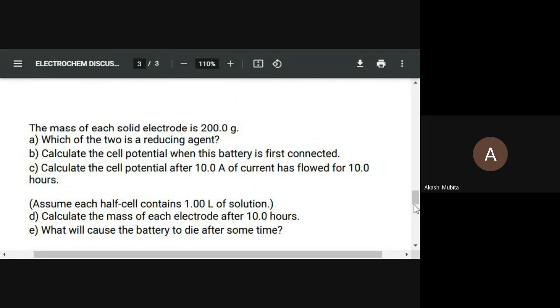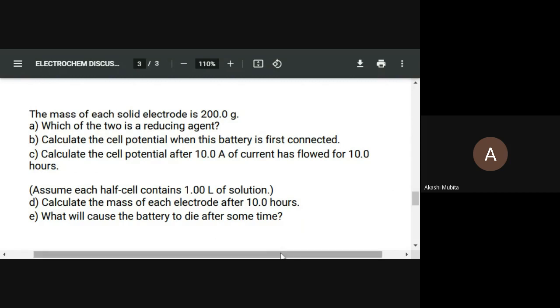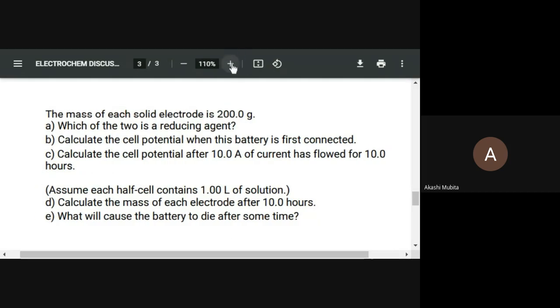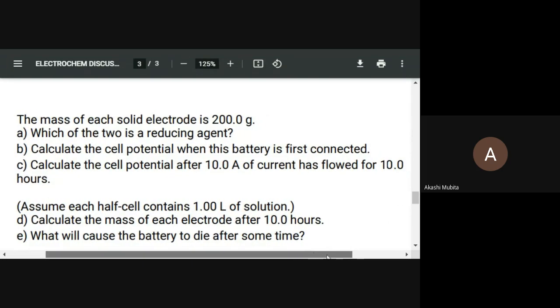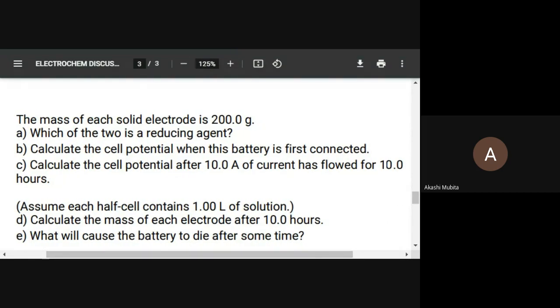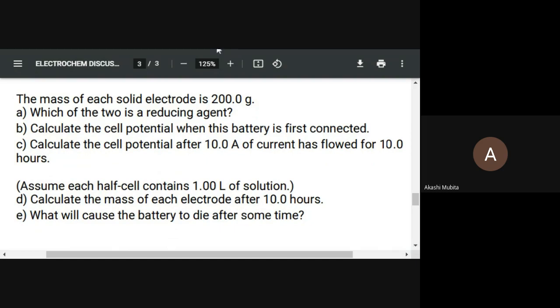Okay, these are the questions. We are told that the mass of each solid electrode is 200 grams. B. Which of the two solids is a reducing agent?